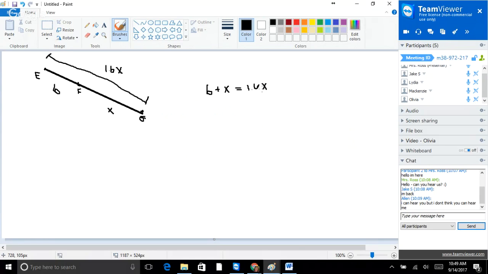Now we're going to bust out a little bit of your algebra skills if they're in there somewhere. This is your time to bring them out. If not, we're all right. Right now we have an x on both sides of the equation, and we need to solve for x. In order to solve for x, we've got to get the x's together. So I have 6 plus x, and I am going to subtract x from both sides.